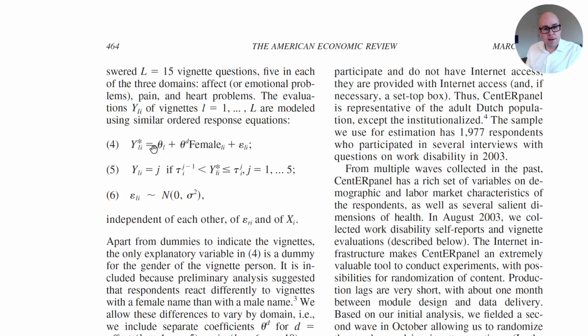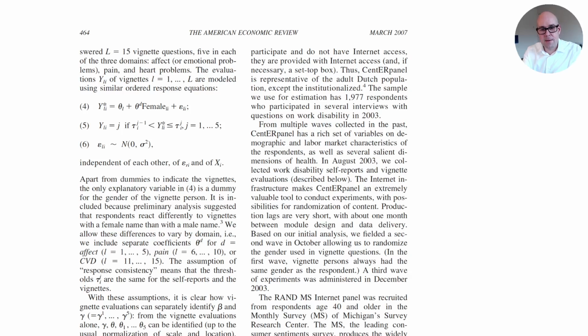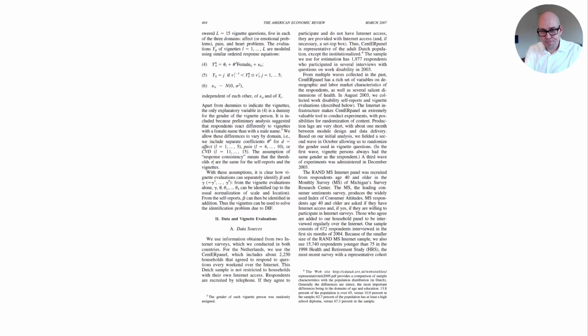So that's modeled as a vignette fixed effect. For each vignette question, there's one parameter estimated. On top of that, they do allow for the effects of the gender of the vignette person, but that's not important for us here.